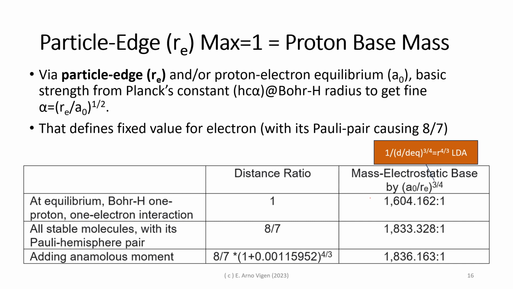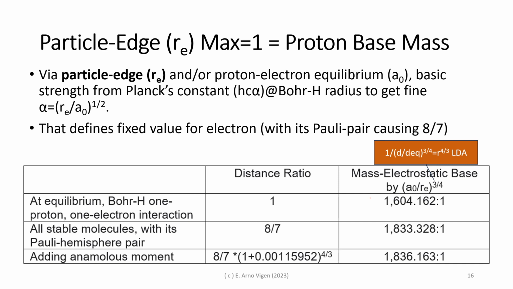of a field. Okay, so if you take the equation at the Bohr radius and you use this 3/4 calculation, and that's the AO, the Bohr hydrogen radius versus the particle edge, and you scale that at 3/4 to actual distance, you get a ratio of 1604.